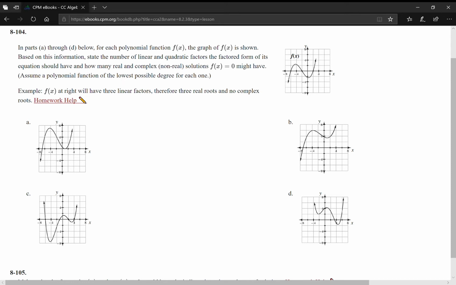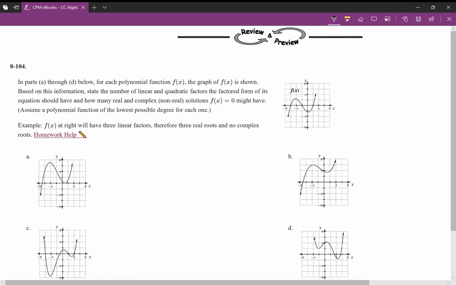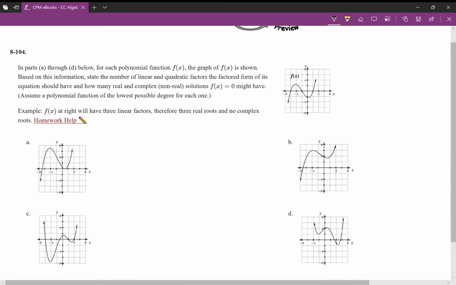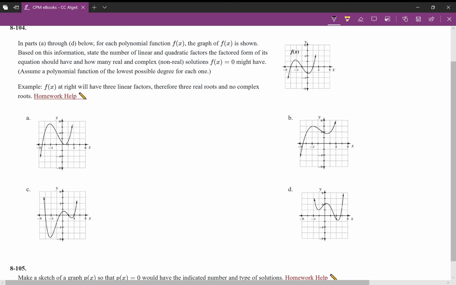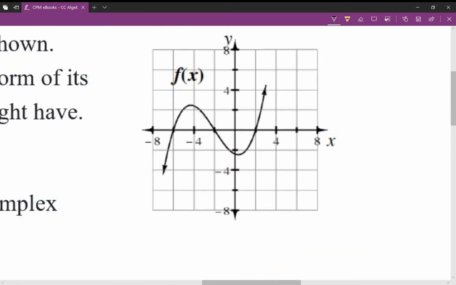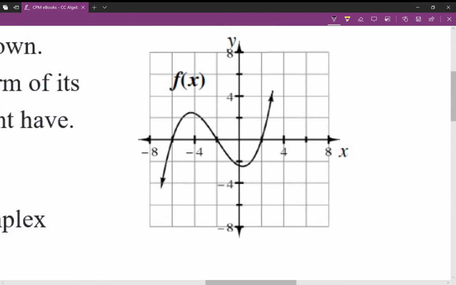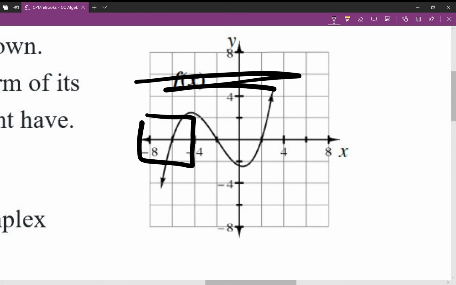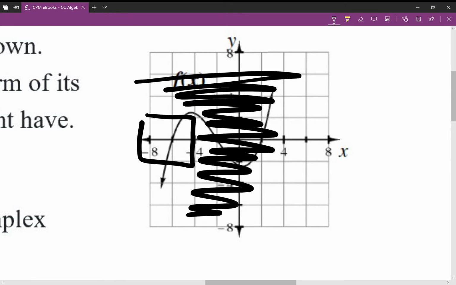Okay, so let me see if I can write on this. Perfect. Let's look at the example here. Remember we talked about in class that if you were to zoom in on just this part here, and we were to black out everything else, well, this behavior at this root is linear.